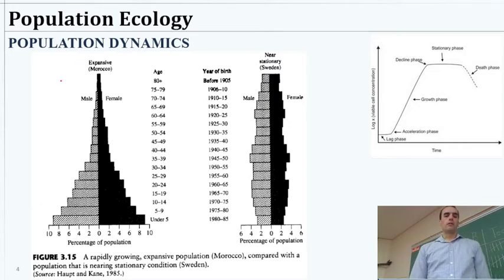Different countries, if they're growing, you can see a higher population for younger ages compared to older ages. Whereas in a more mature, developed country situation, you have similar age groups, and then maybe some baby boomers having a larger fraction of the population.